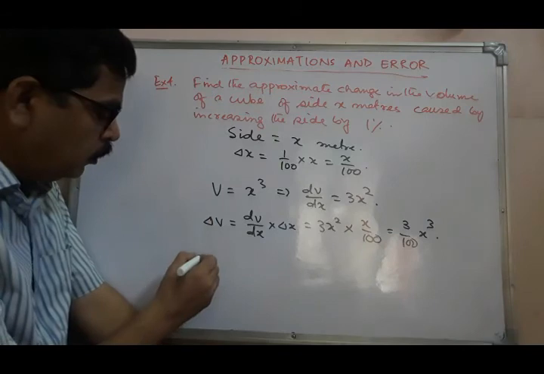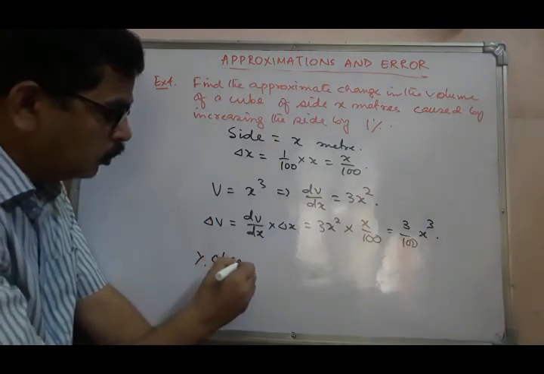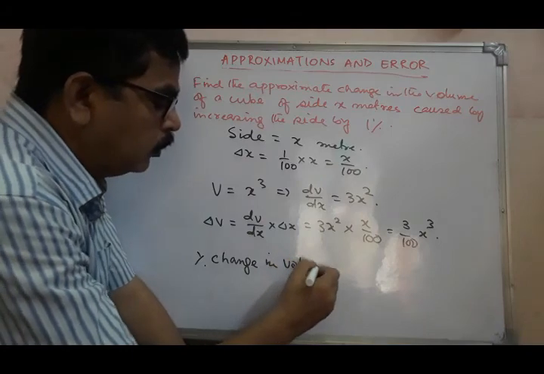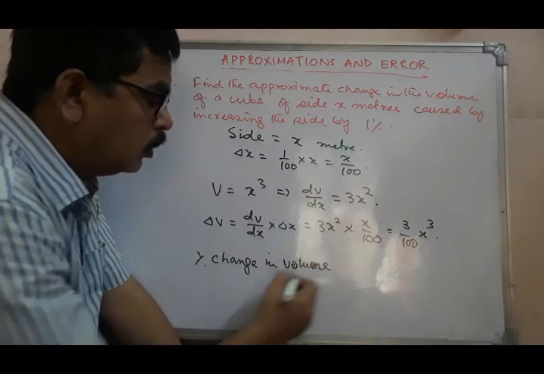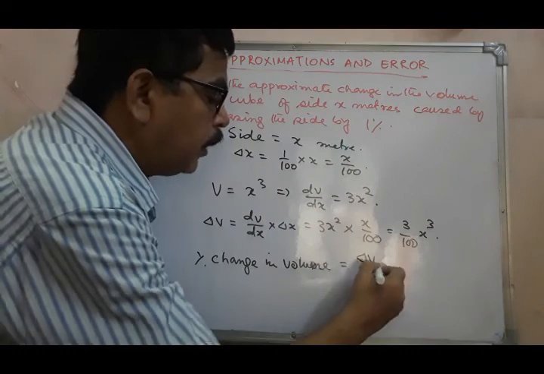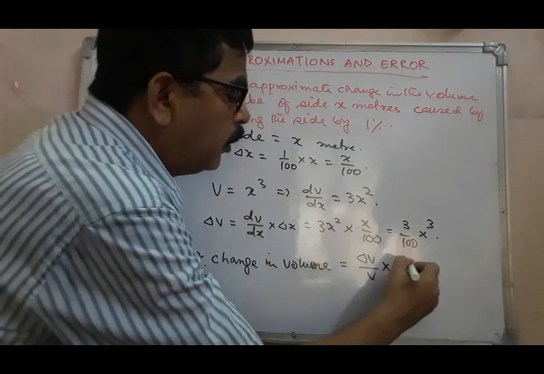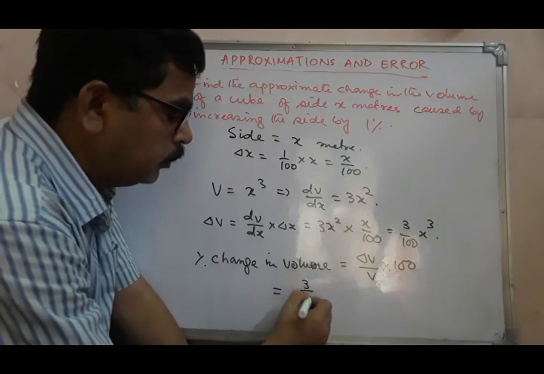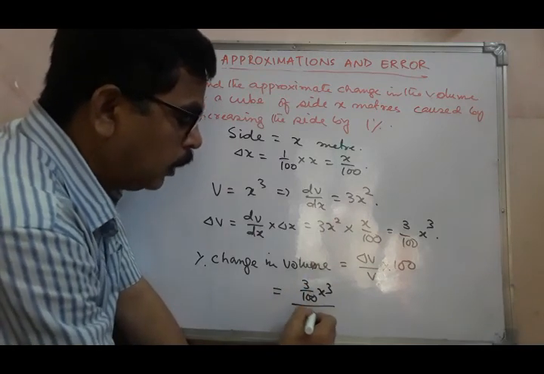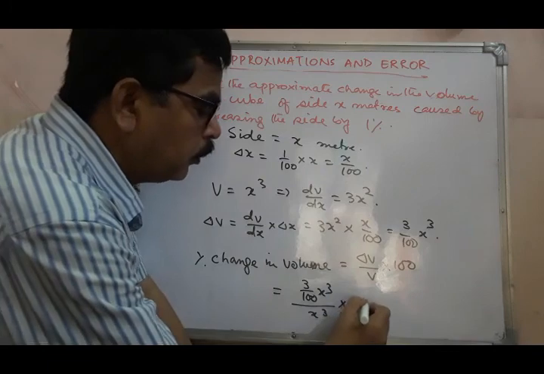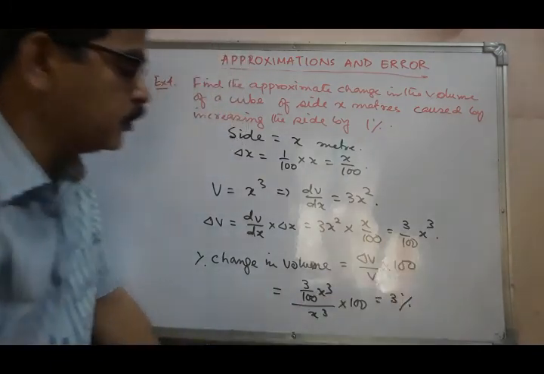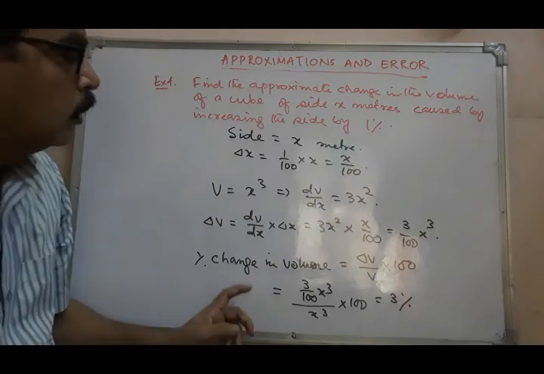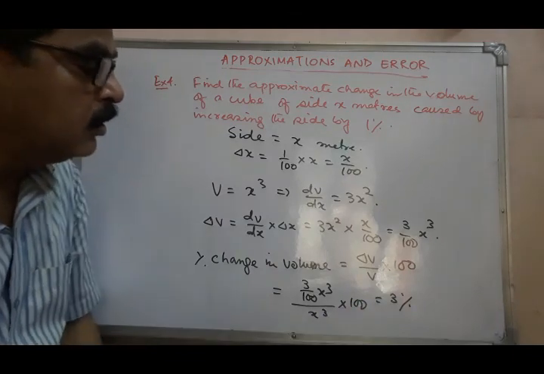So therefore the percentage change in volume equal to delta V by V into 100. Therefore 3 by 100 x cube by x cube into 100, that is 3%. So therefore the approximate change in the volume is an increase of 3%.